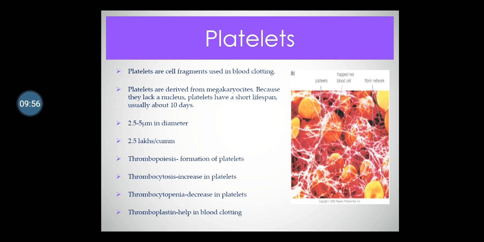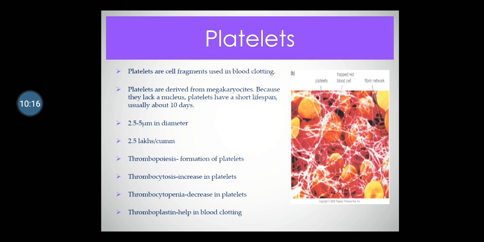Let's see platelets. These cell fragments are used in blood clotting. Platelets are derived from megakaryocytes, and they lack a nucleus.